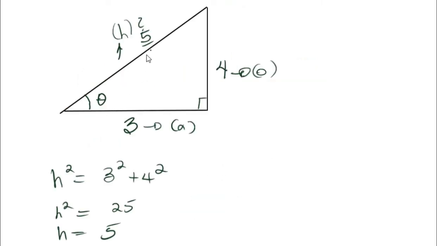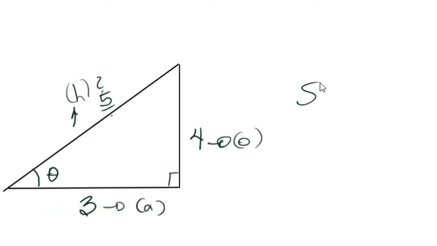The length of your hypotenuse can be written as 5. So if we are trying to get our sine theta, our cos theta, and our tan theta, all we need to do for each and every one of these is substitute.